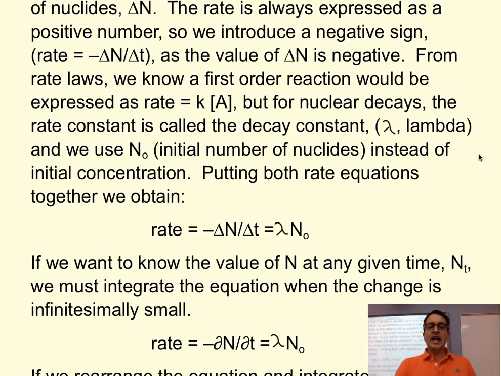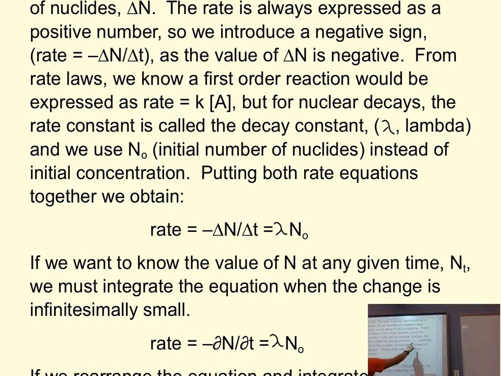All right. Now, as we did for any rate law expression, it is the change of the substance over time equal to some constant. In this particular case, we're going to call it lambda, and we're going to call that lambda the decay constant. Again, I'm going to highlight that name. Lambda is called the decay constant.